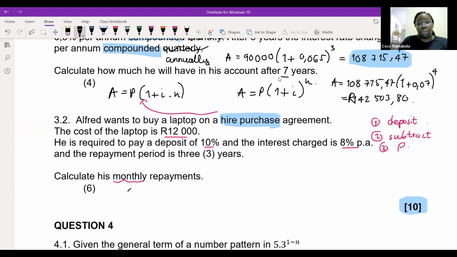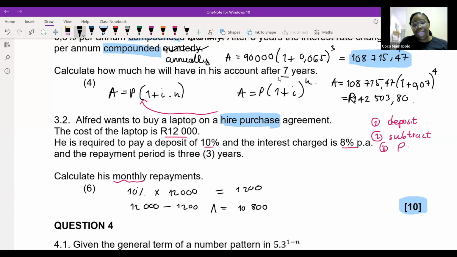We're going to go 10% times 12,000 Rand. Punch that into your calculator, that's going to give you 1,200 Rand. Then we take that 1,200 Rand and subtract it from 12,000. So 12,000 Rand minus 1,200 Rand gives us 10,800 Rand. This is our new P-value in the simple interest formula.